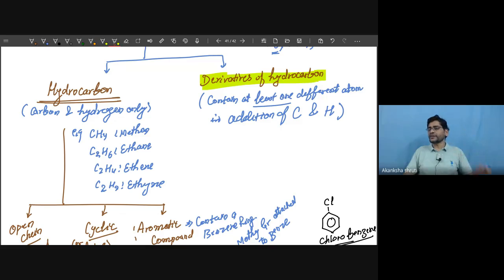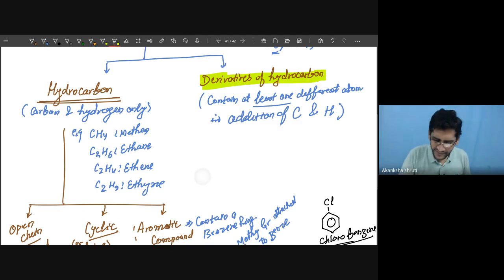Whatever kind of hydrocarbon is available with you, if you remove one of the hydrogens and replace it by any other group of atoms or any single atom other than hydrogen, then it is called a derivative.